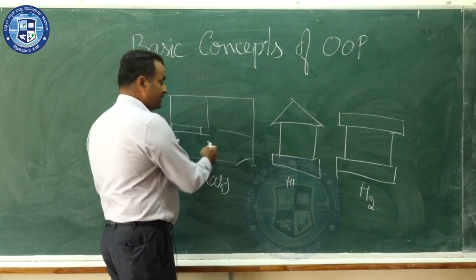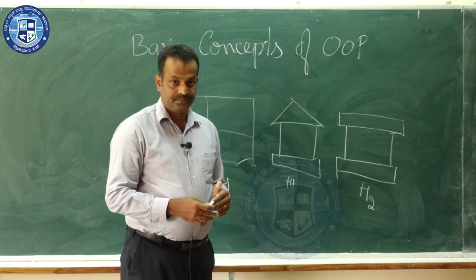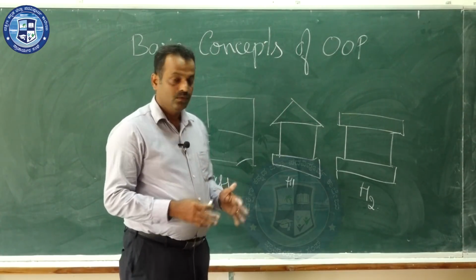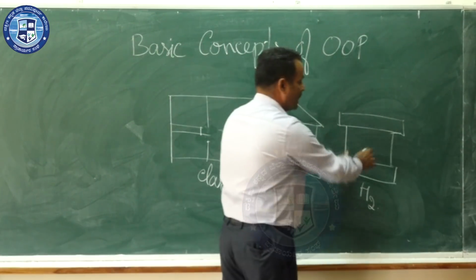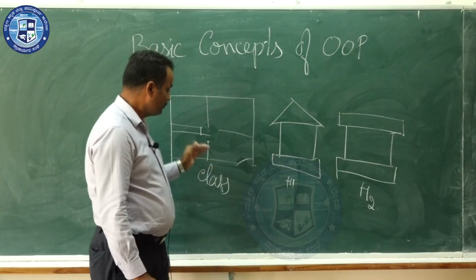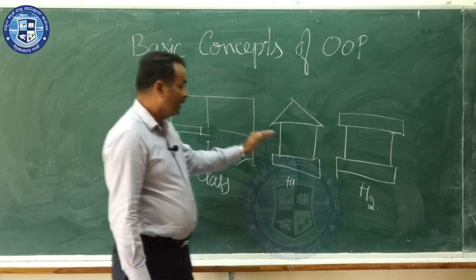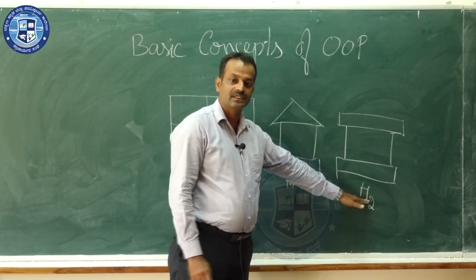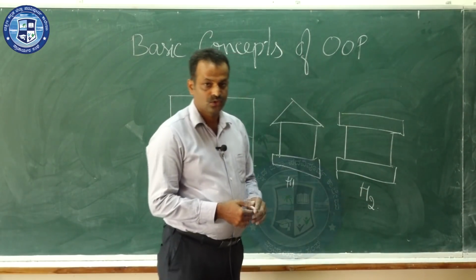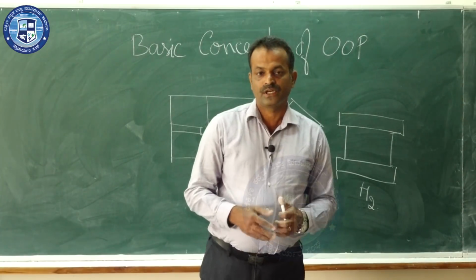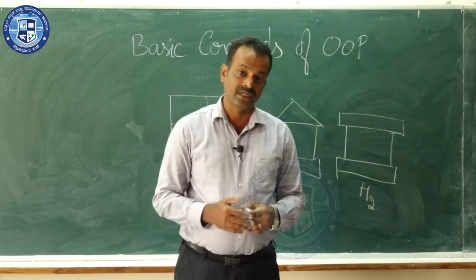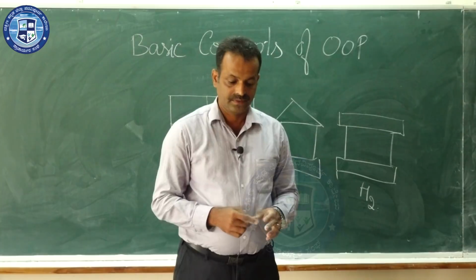So class can be compared to a blueprint. It is a blueprint from which the objects are created. So here from this blueprint of the house, I have created two objects, H1 and H2. More on the classes and objects we will be seeing in the next chapter, classes and objects.